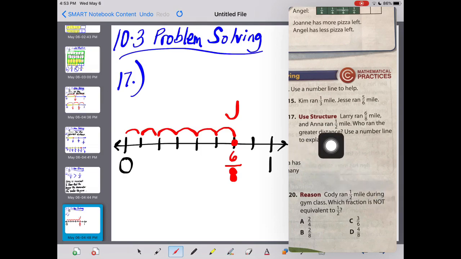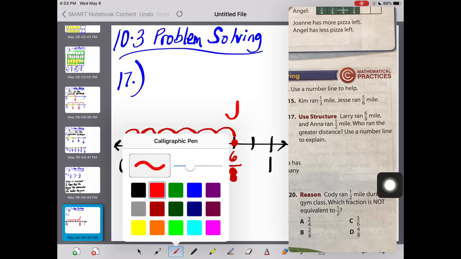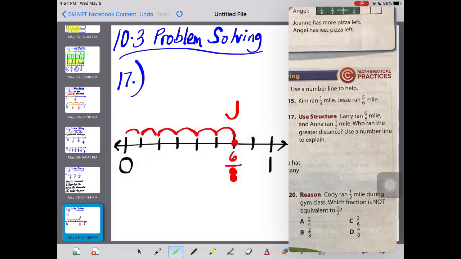All right. Now, Anna ran a half mile. So we have to think of this as divided into just 2 equal parts. So I'm going to change my color. I'm going to go with green. And if I did that, then I would need 2 equal parts. I'd have to divide this right in half, right? So there's my halfway point.